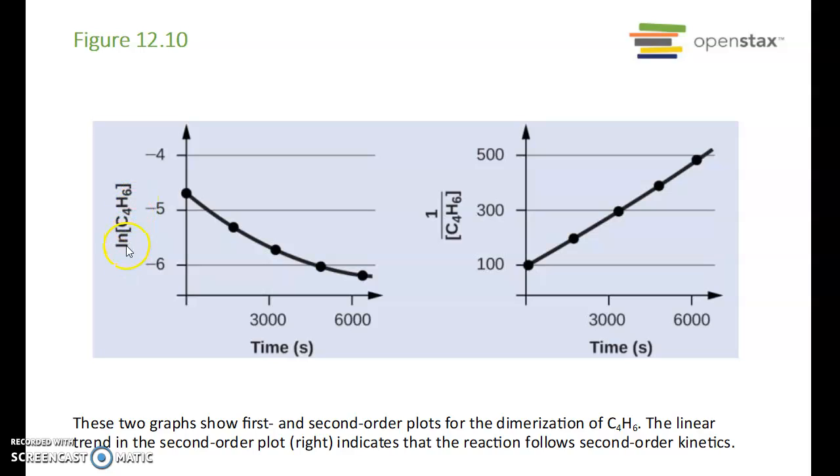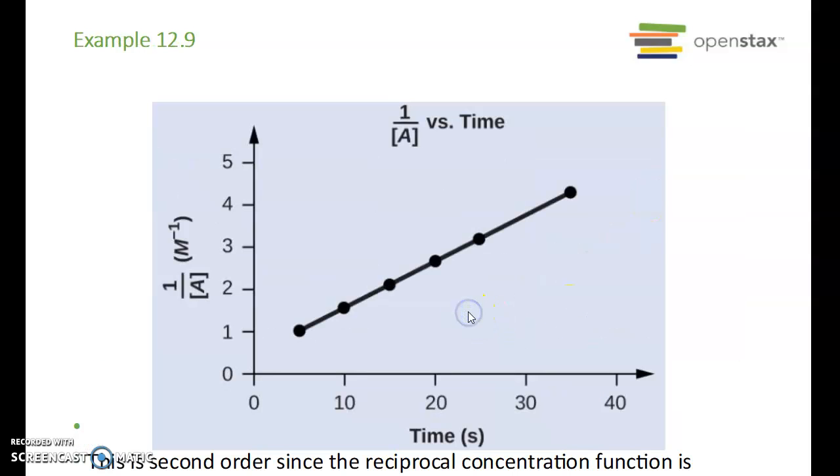So when you're looking at this one, if it's the log of this, as we saw from that equation, and it's not linear, this indicates it is not first order. If you do 1 over that concentration with respect to time and have it linear in this direction, that means it's following second order kinetics.